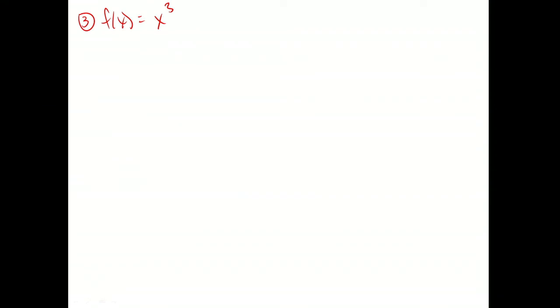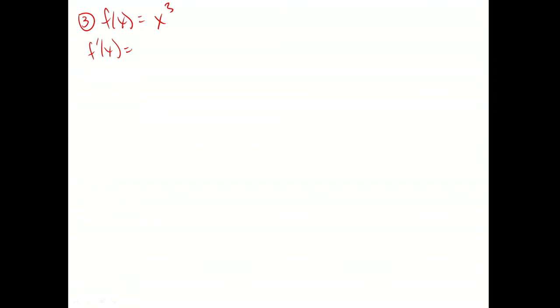Okay, so again, the question is, what's the derivative, or compute the derivative? So I'm going to use my formula and do my 4 steps. So step 1 is to fill in the numerator of this guy. So remember, the formula says it's f of x plus h minus f of x over h.